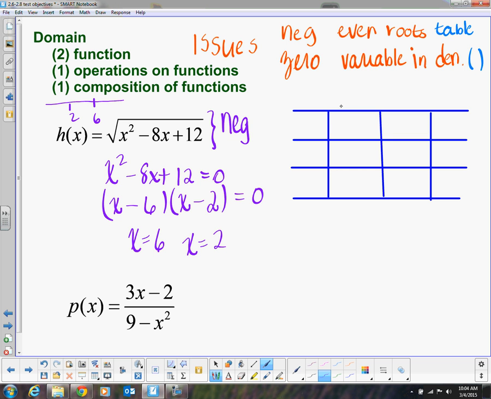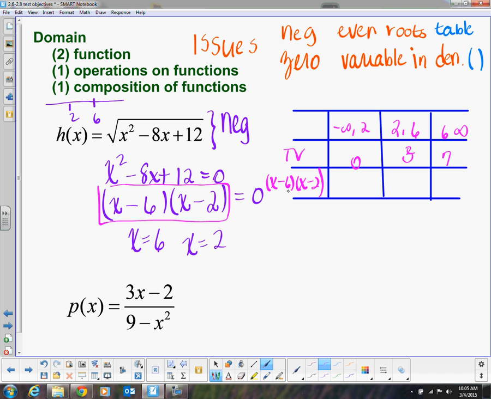This separates the number line into 3 pieces: -infinity to 2, 2 to 6, and 6 to infinity. Now we're going to pick test values like 0, 3, and 7. I'm going to choose the factored form, and I need to see this table filled in.